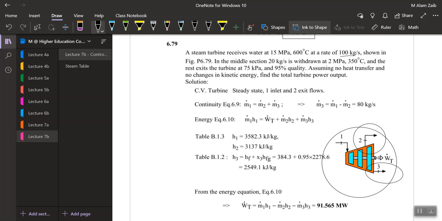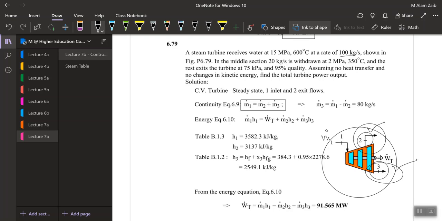So this is definitely not a simple single inlet and exit case. The mass is entering into the system, but it is leaving the system from two different points, which is at state 2 and state 3. So if I'm looking at the continuity equation, m1 dot is equal to m2 and m3.